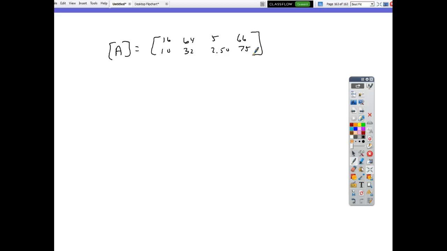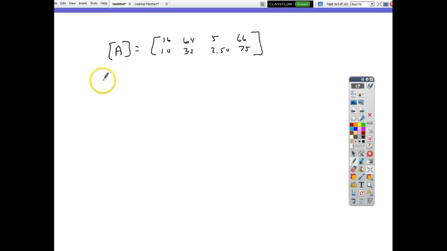Okay, so I'm going to double the prices. So what would that mean I should do? Mr. Miranda. A, right? If I'm going to double the prices, what would that matrix look like? And multiply everything inside by 2.